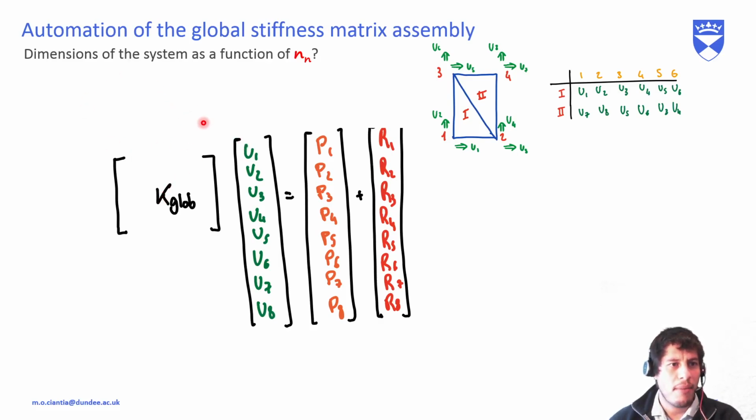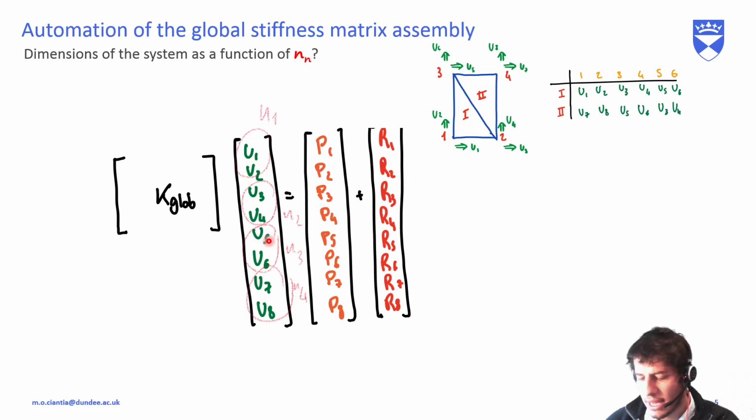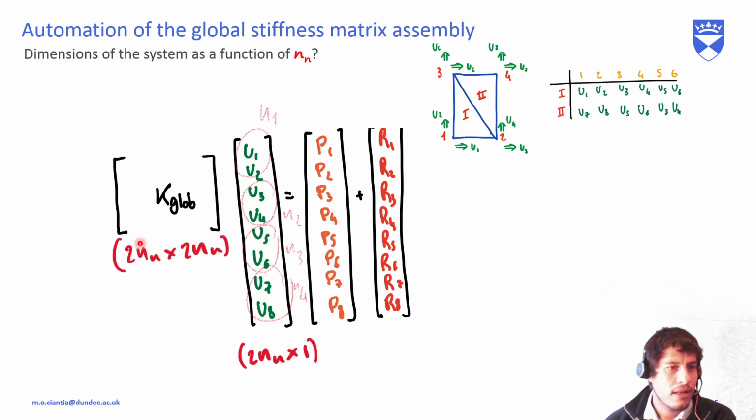So what is the dimension of the system as a function of the number of nodes? You immediately realize that for each node, we have 2 degrees of freedom in X and in Y. So how many degrees of freedom do we have for 4 nodes? 2 times 4, 8. So each node has 2, and therefore we can immediately write that the global stiffness matrix will be 2 times the number of nodes by 2 times the number of nodes.